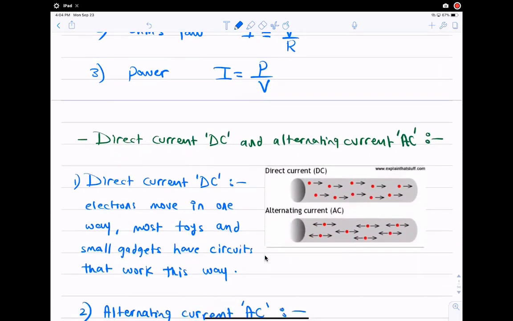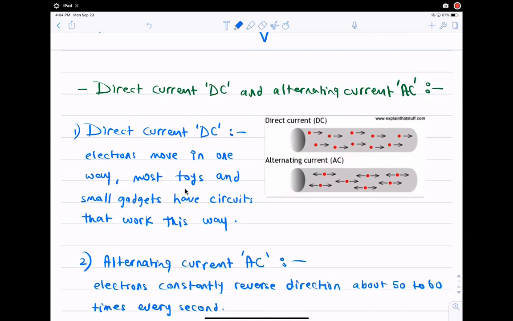Finally, I want you guys to differentiate between two terms. We always hear those, DC and AC. DC circuit, AC circuit. DC means direct current, AC means alternating current. Now from that word direct, we know that the electrons move in only one way.